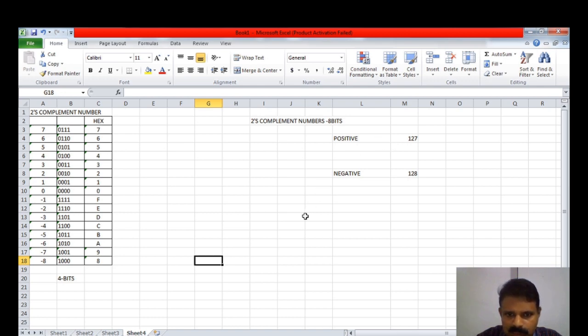Suppose a register, let us take CL, equal to 90 in hexadecimal. It is not 90 decimal, it is 90 in hexadecimal. What is its meaning?